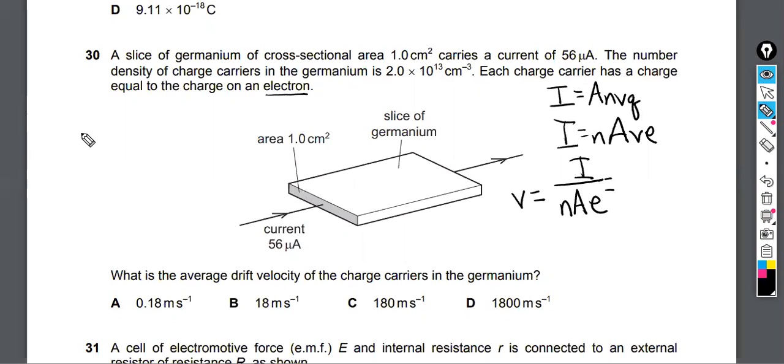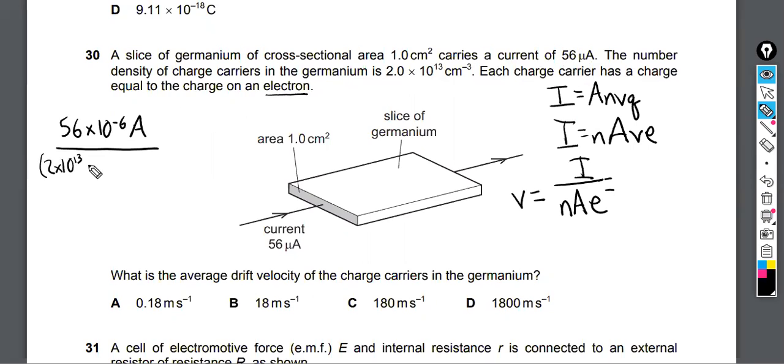So the current I is going to be the numerator, and it's going to be 56 micro. You have to remember it's 10 to the negative 6. That's one place where, if we're not mindful of what this little metric prefix stands for, we get a wrong answer. We have to factor in that there's a 10 to the negative 6 in our numerator. The number density is 2 by 10 to the 13.